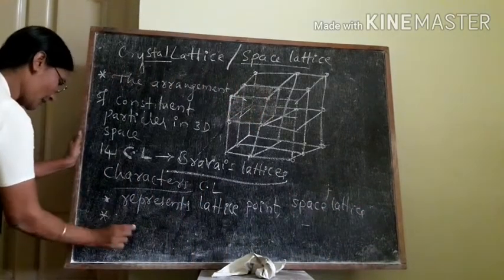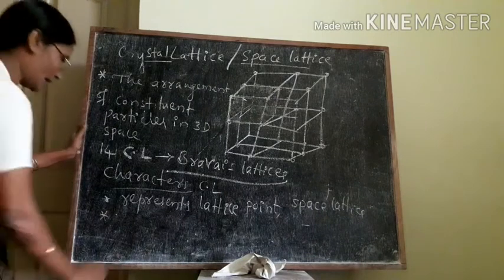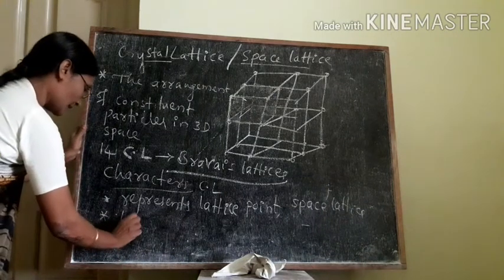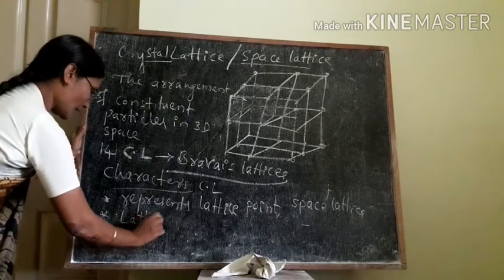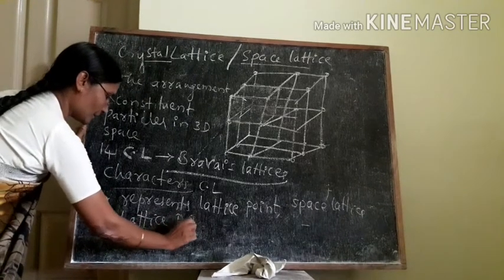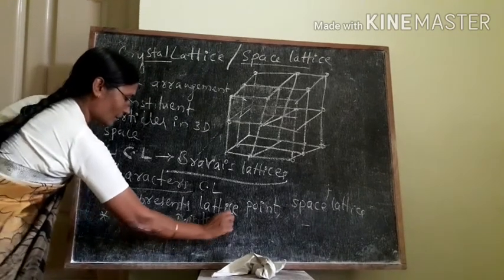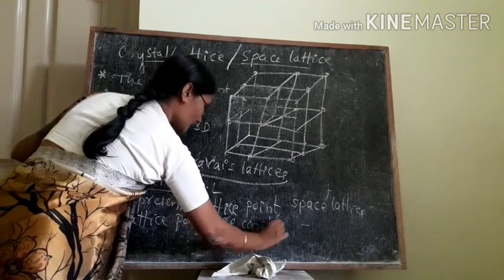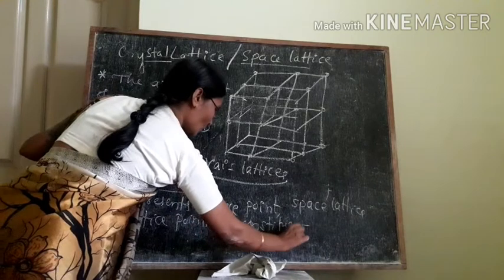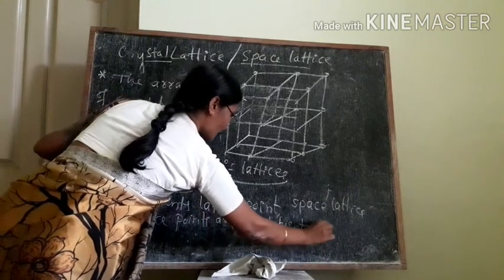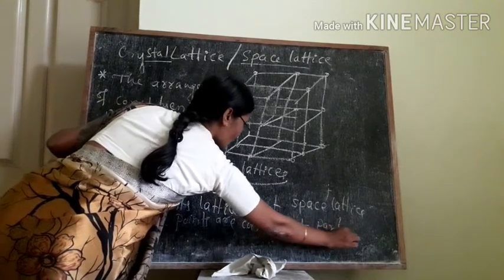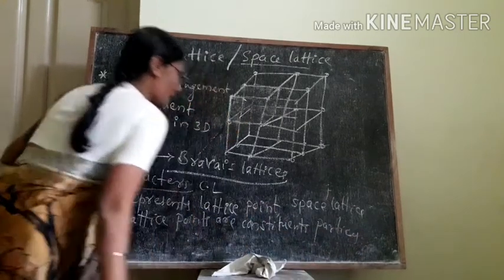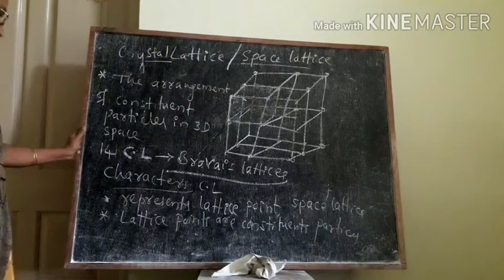Second point is, lattice points are constituent particles. Constituent particles means they may be ions, atoms or molecules.